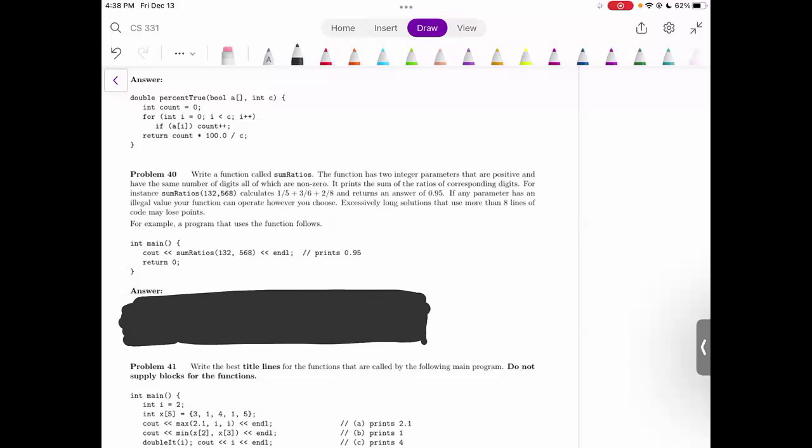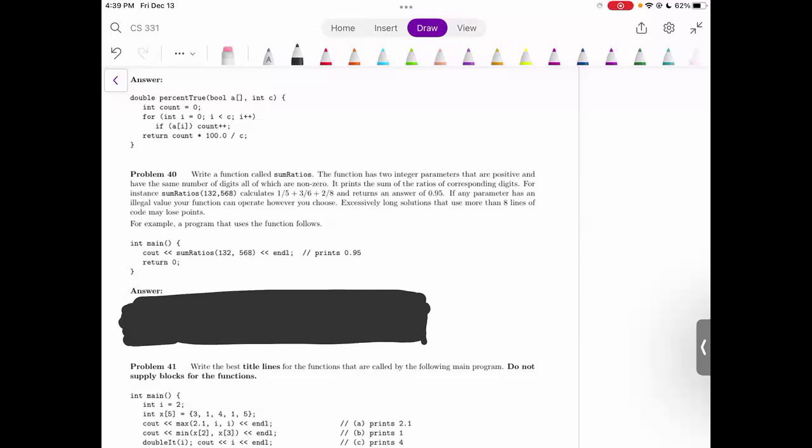Okay, we can still do this one, sum ratios. So you have a function called sum ratios. The function has two integer parameters that are positive and have the same number of digits, all of which are non-zero. It prints the sum of the ratios of corresponding digits.